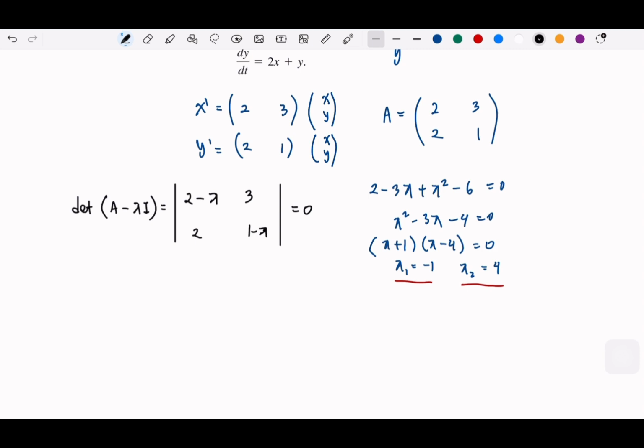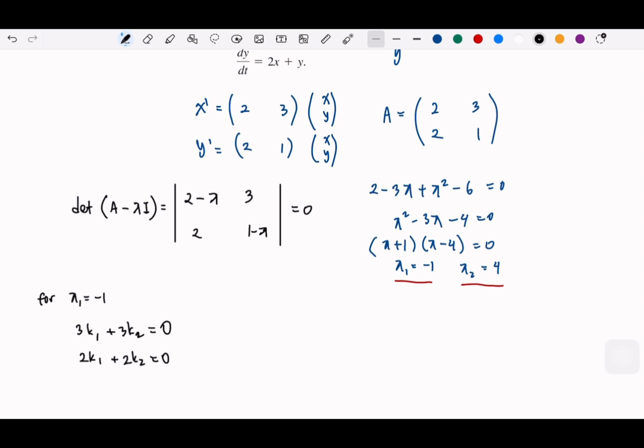So check for eigenvalue 1 equal negative 1. So we take 3 k1 plus 3 k2 equals 0. And then 2 k1, 1 minus 1, so plus 2 k2 is 0.